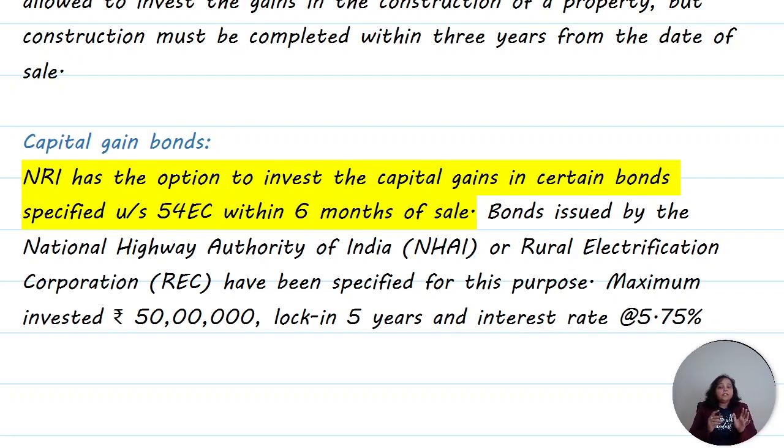Any capital gains that you make on sale of your residential property can be invested in capital gain bonds, say of the National Highway Authority or Rural Electrification Corporation. These entities are specified under section 54EC, right? And you need to invest this money within 6 months of your sale transaction.